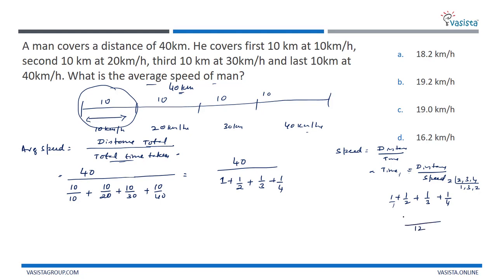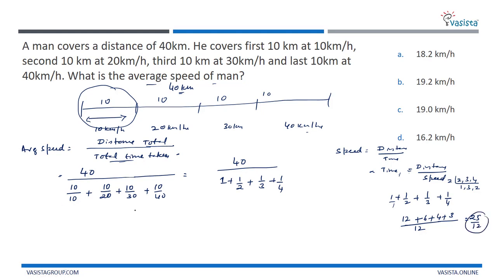Right, 1 12s are 12, plus 2 6s are 12, 6 1s are 6, plus 3 4s are 12, 4 1s are 4, plus 4 3s are 12, 3 1s are 3. So 12, 18, 22, 25. This will become 25 by 12.